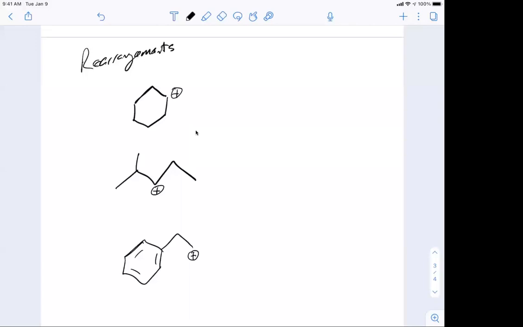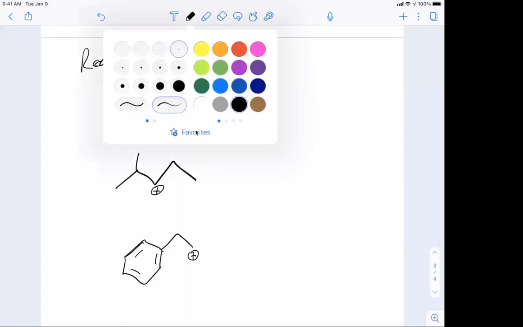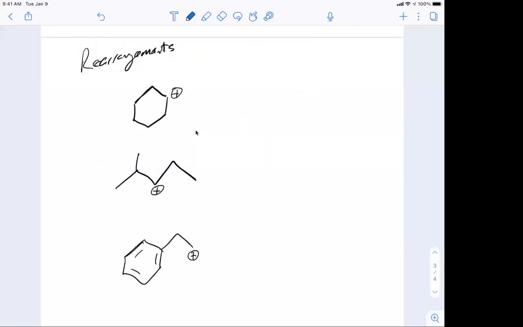So if we look here at rearrangements, what are we looking for? A carbocation rearrangement. We want to increase stability. We can do that with a 1,2 hydride shift, or with a 1,2 methyl shift. In this first one, we have a secondary carbocation.